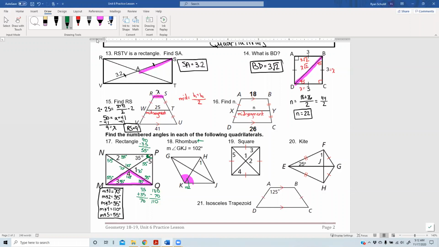So that means these angles are bisected by the diagonal. So if I do 102 divided by 2, it's going to get me 51. So this piece is 51, that's 51, that's 51, and that's 51. So what's the measure of angle 1? The measure of angle 1 is 51 degrees.